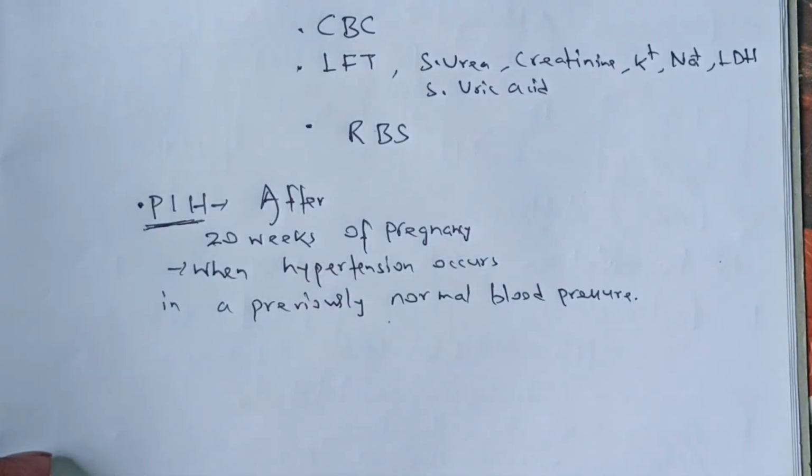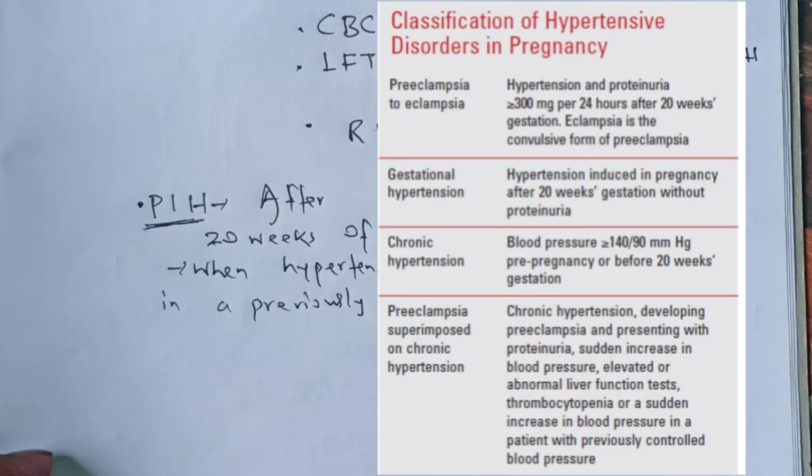It may be pre-existing hypertension, or gestational hypertension and pre-eclampsia, or pre-existing hypertension plus superimposed gestational hypertension with proteinuria, or hypertension that is unclassified.